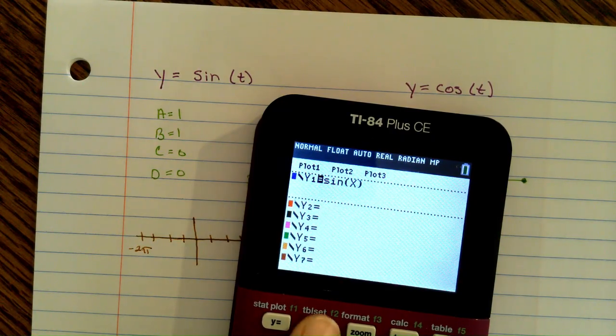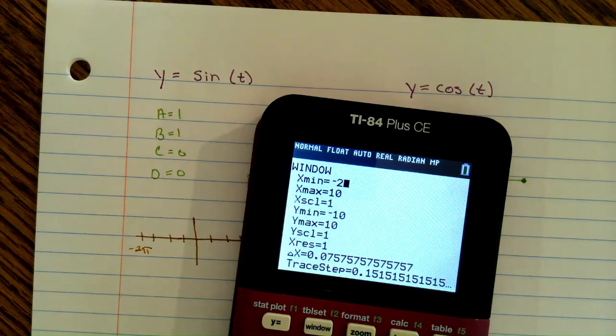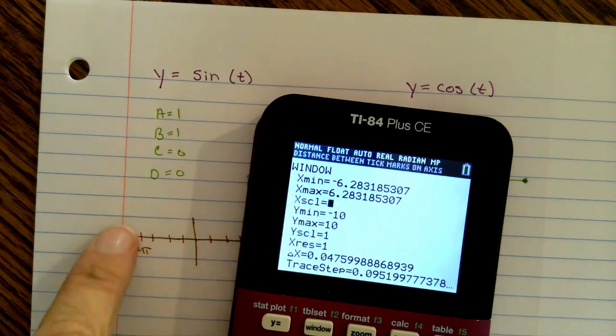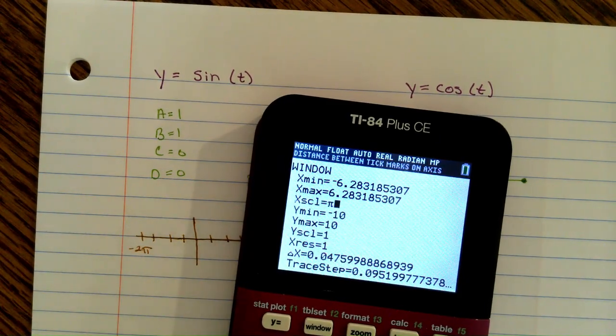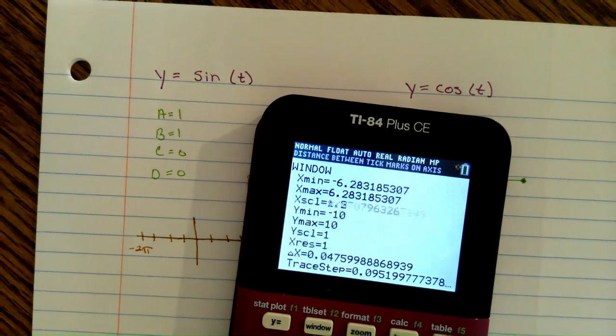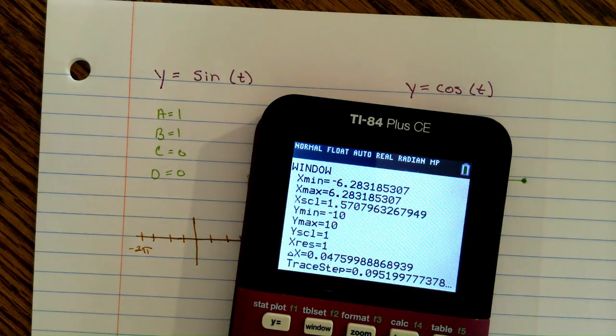I have an x. My window, I'm going to go from negative 2 pi to 2 pi. And my scale, I numbered on my paper by pi over 2. This is why I never use zoom or standard, because I want to control what my scale factor is. Now, if you remember, the largest my circle ever got was a radius of 1. So my x values and my y values never went further than 1 away. So I'm just going to go negative 3 to 3 right now.